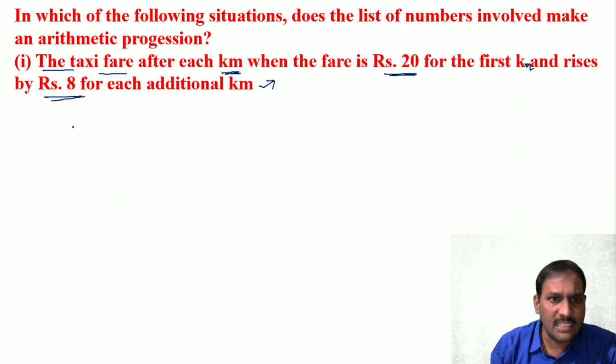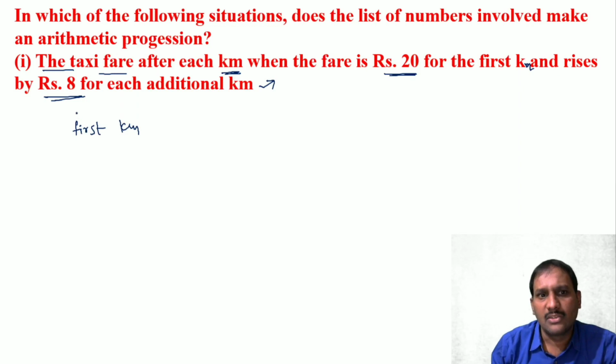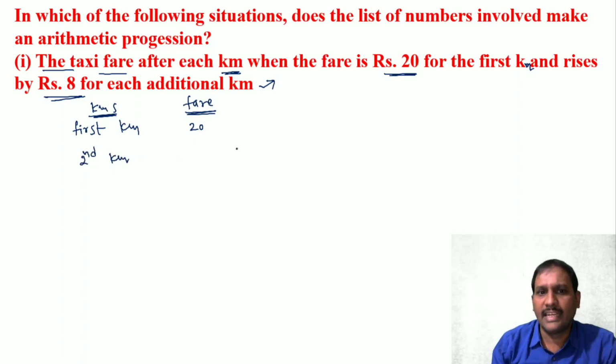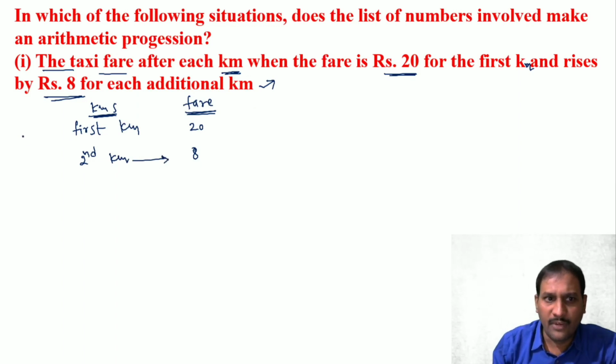Okay, so let us say these are kilometers and this is fare. What is the fare for the first kilometer? It is 20. For the second kilometer, the extra charge is how much? 8 rupees. Means if it is 1 kilometer distance, it is 20 rupees.